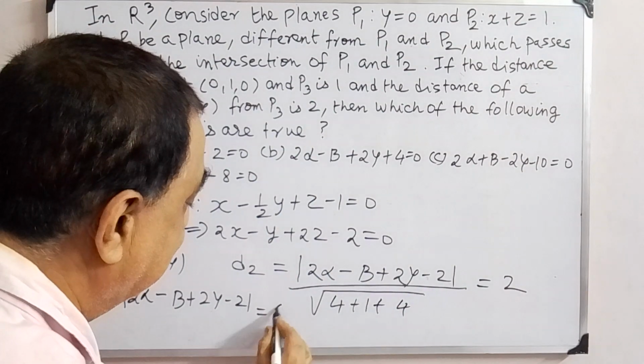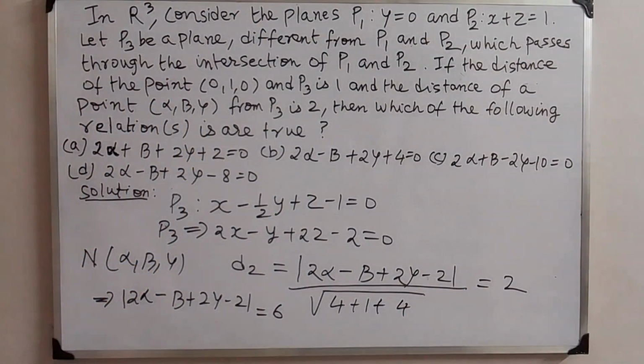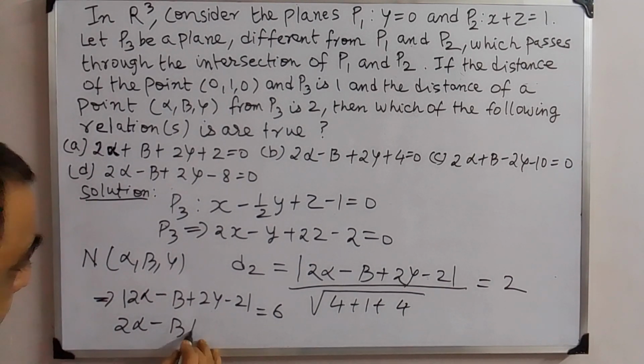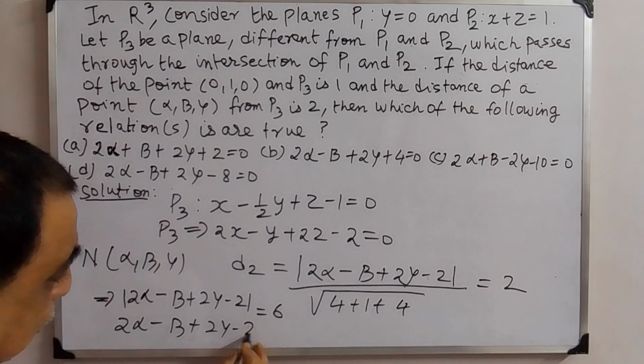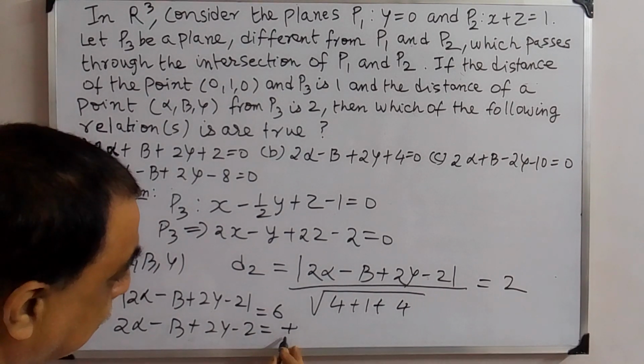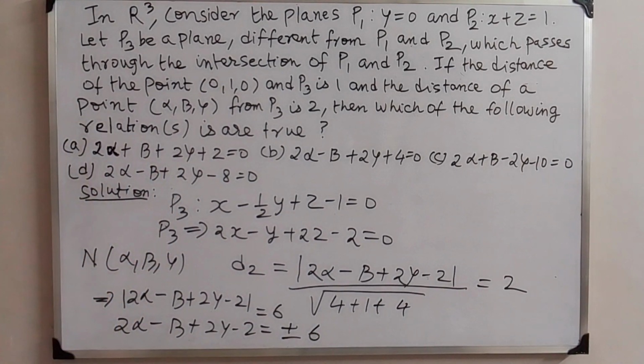So 2 into 3 is 6. Okay, so what do we have then? If I remove the absolute sign, this value 2 alpha minus beta plus 2 gamma minus 2 will be equal to plus minus 6.